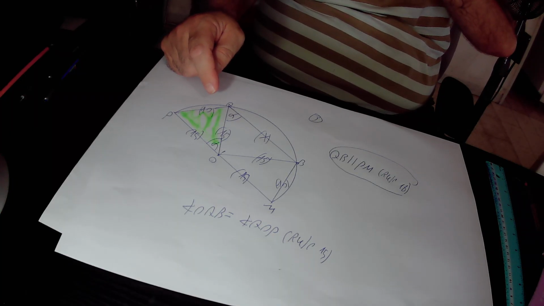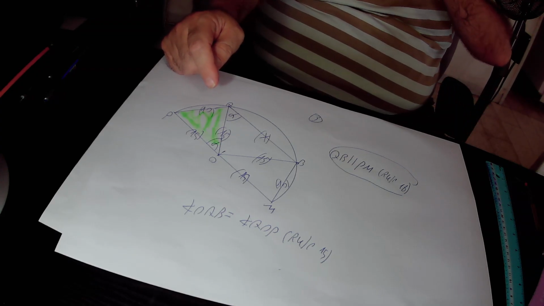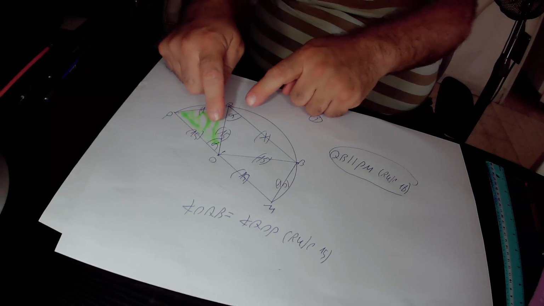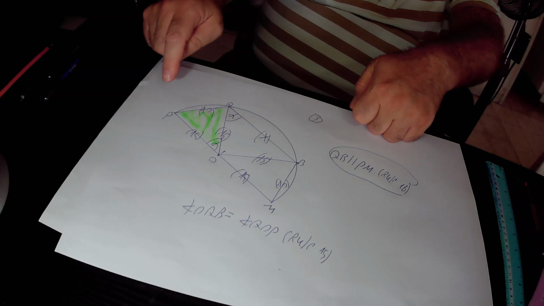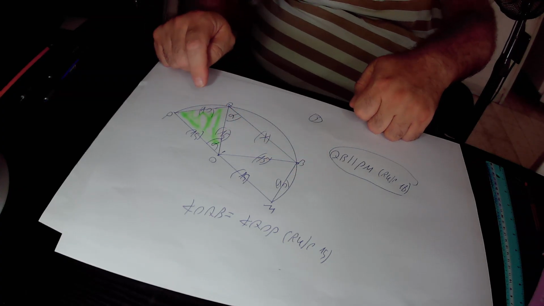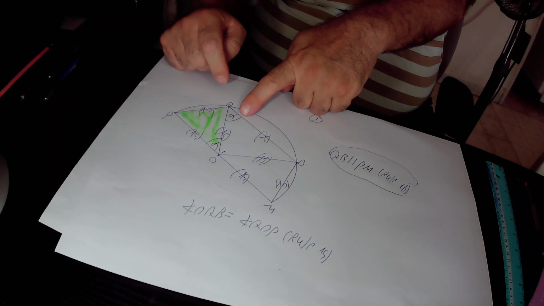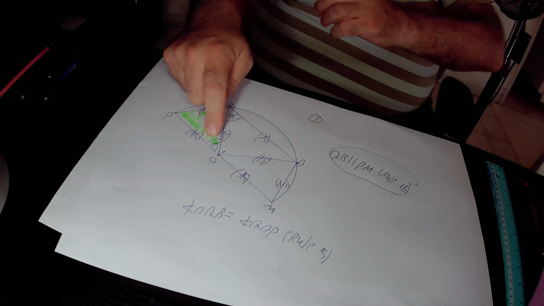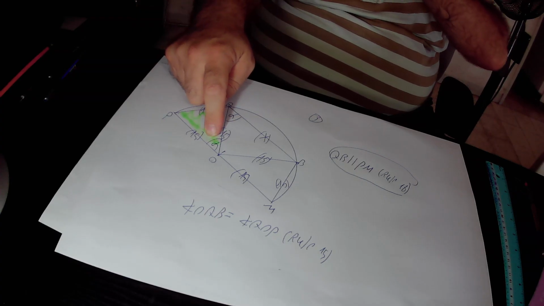That's to say, according to rule 15, alternating angles between parallel lines are equal to each other. So if we define the size of this angle as alpha, then this angle must also be equal to alpha, because they are equal to each other according to rule 15.